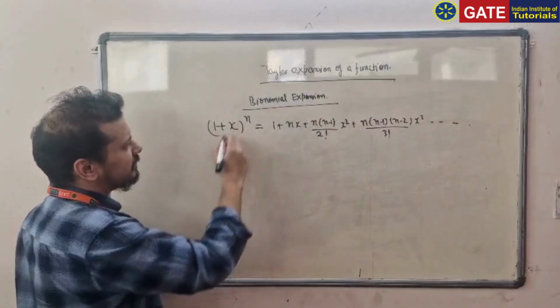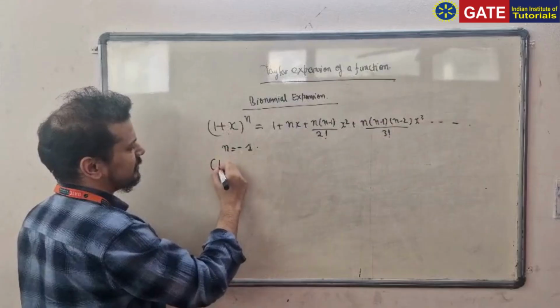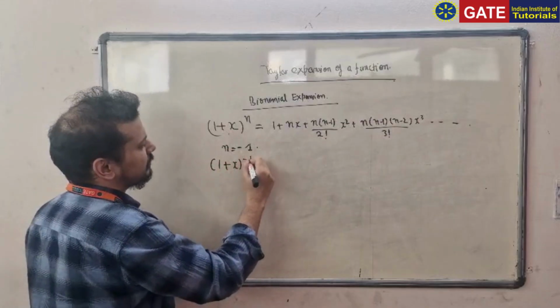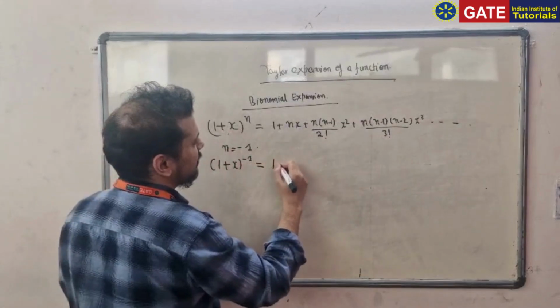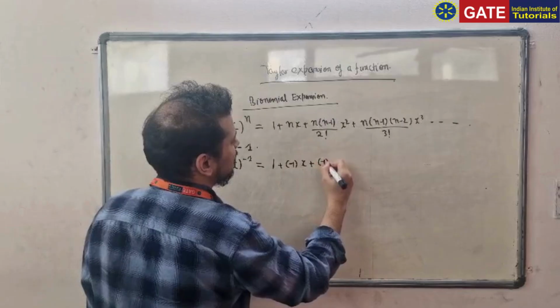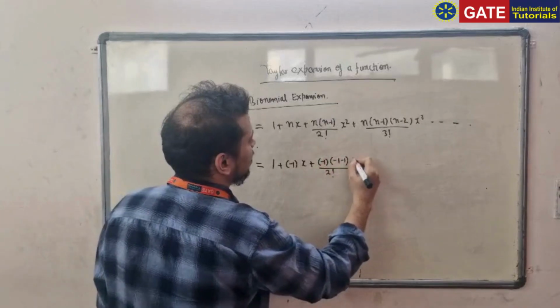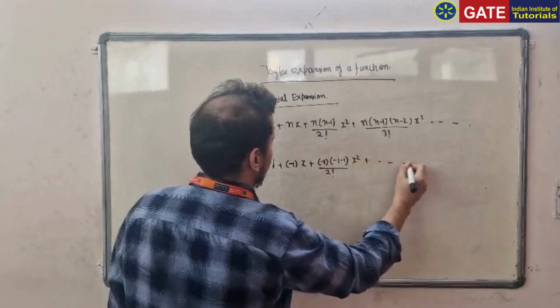The important thing is when I put n equals minus 1, because this is mostly used in mathematics and physics. 1 plus x to the power minus 1 will give you 1 plus (minus 1) into x plus (minus 1)(minus 1 minus 1) upon 2 factorial x square, and so on.